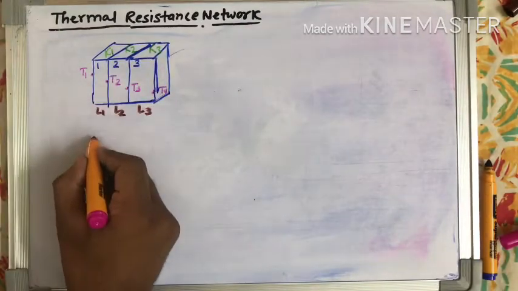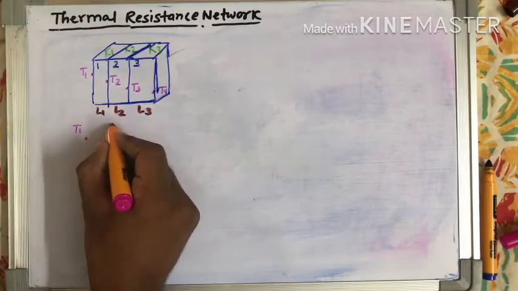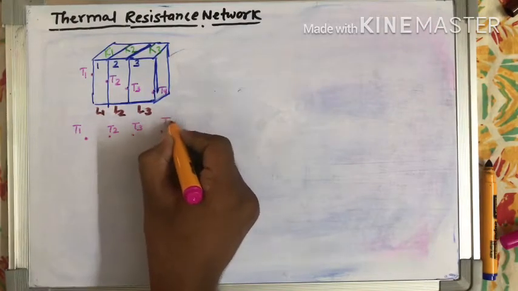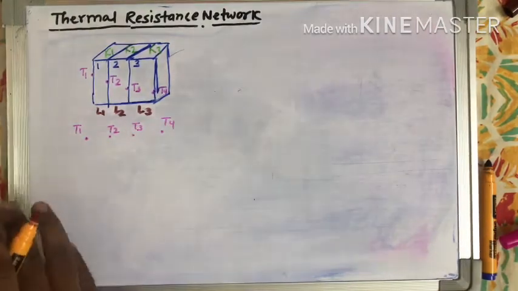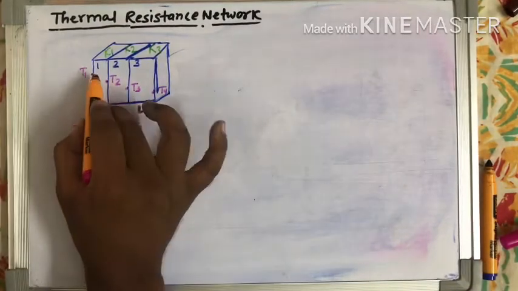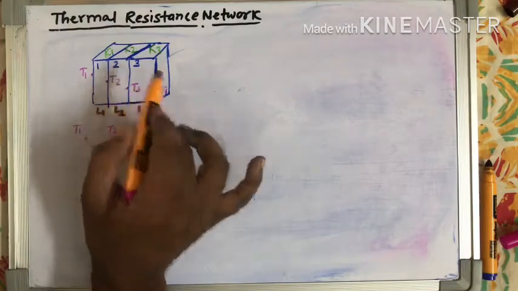Look, first of all we have to note down the temperatures. So we have noted down T1, there is T2, there is T3, and there is T4. Now definitely when heat flows through a substance, there will be resistance, meaning there is a resistance of wall 1, wall 2 and wall 3.